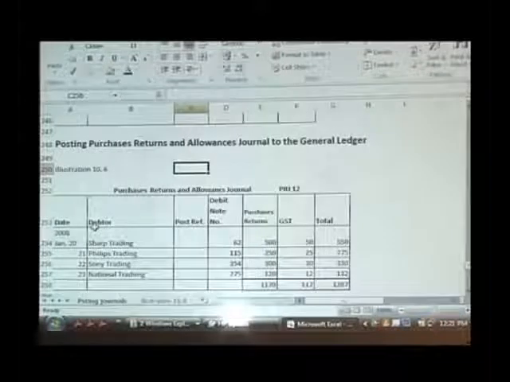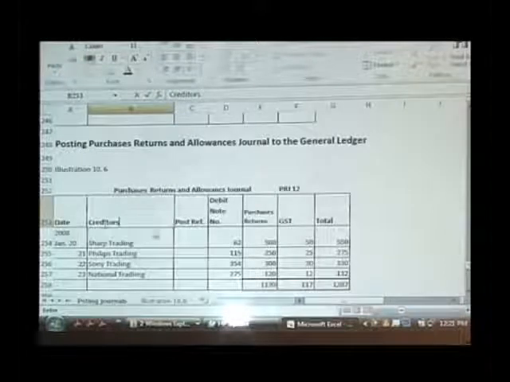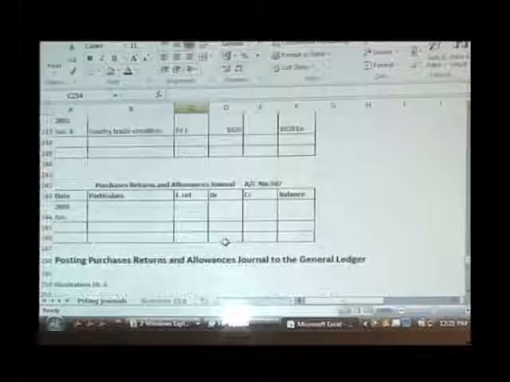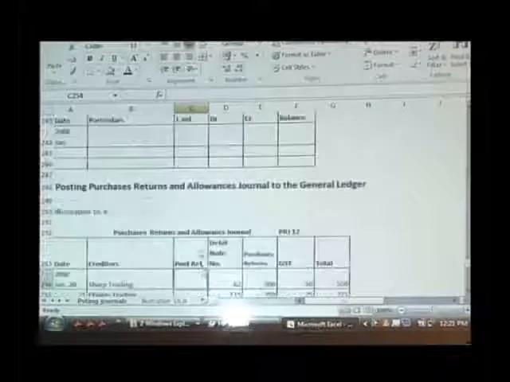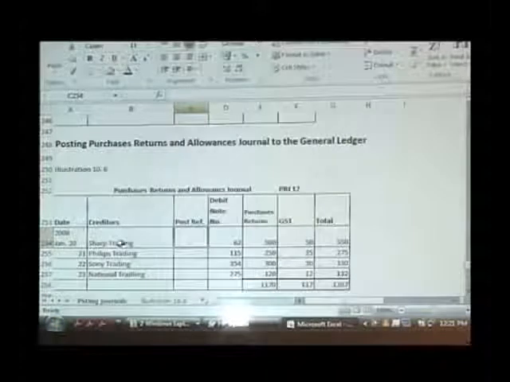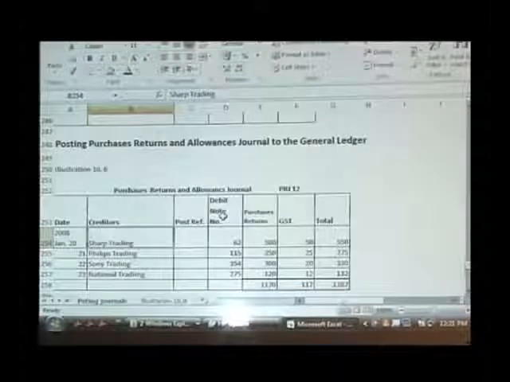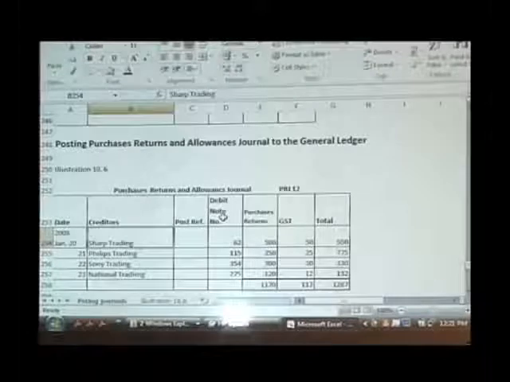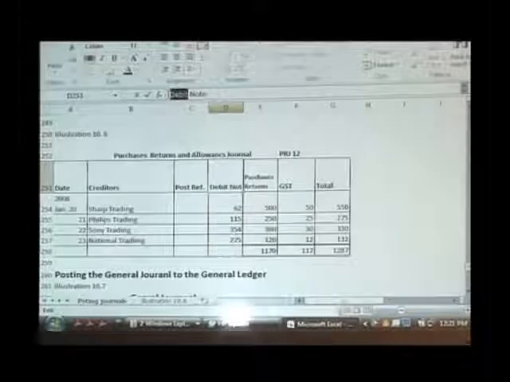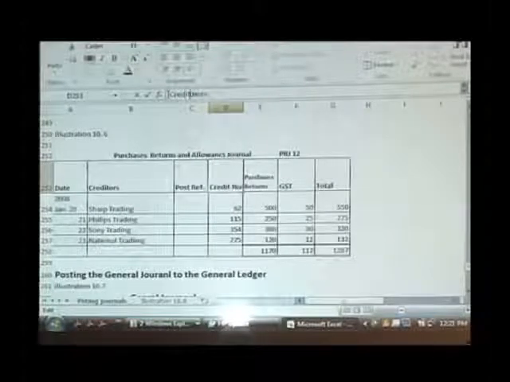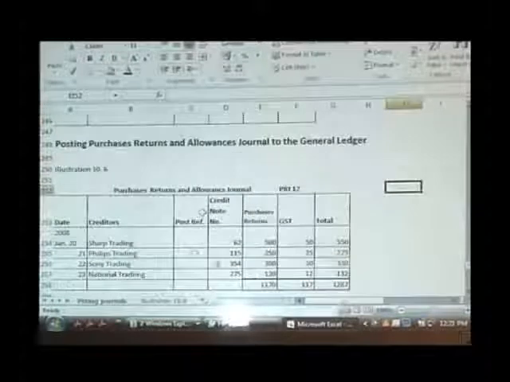So here the same creditors, so we can use the same ledger accounts to record the transactions with these creditors. So here it is credit note number, credit note number is given.